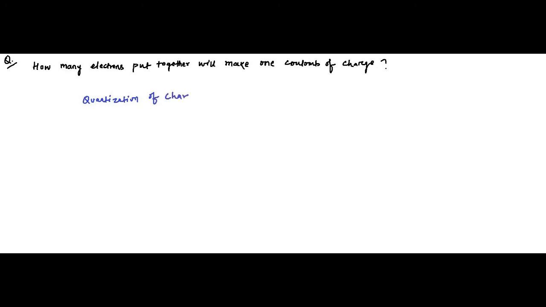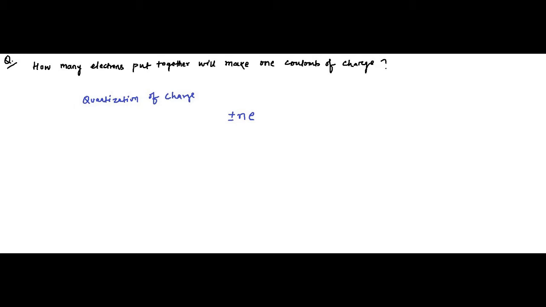So what it states is that charge is always quantized, that is, the charge on any object will always be plus minus some multiple of the electronic charge, plus minus Ne, where n is an integer.